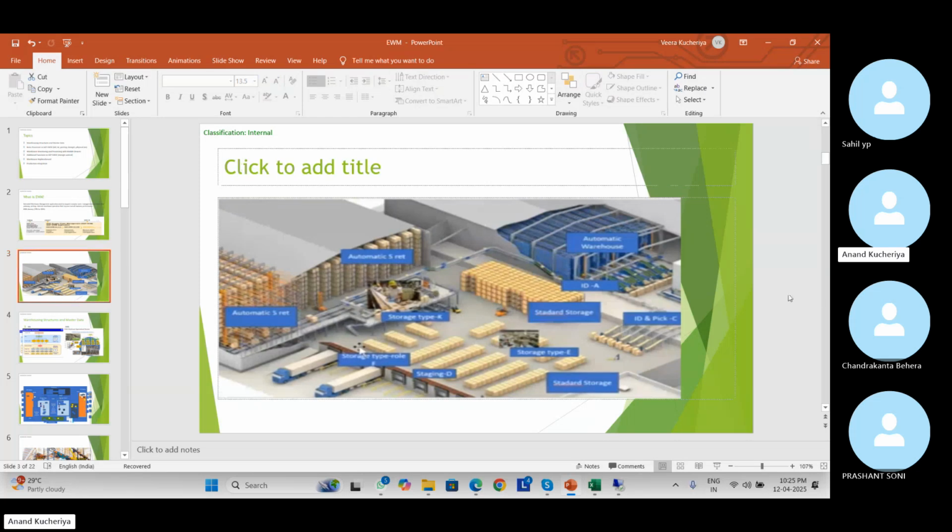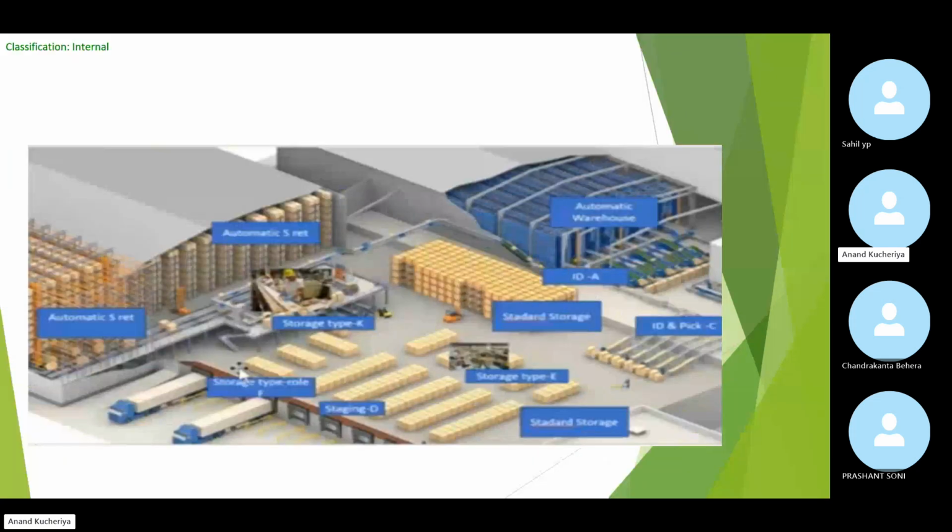Okay, see, basically, you can see this is the big warehouse where we have different storage types here: storage type K, standard storage, and this is called the staging area.